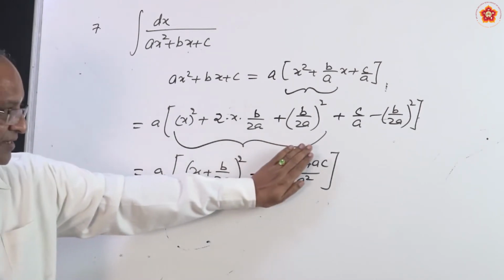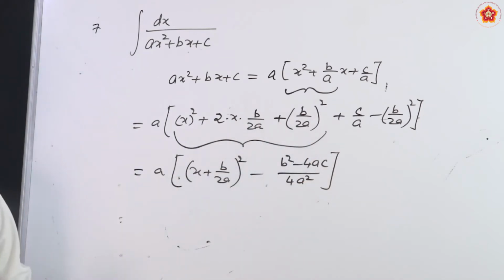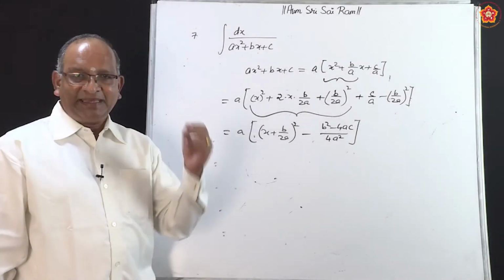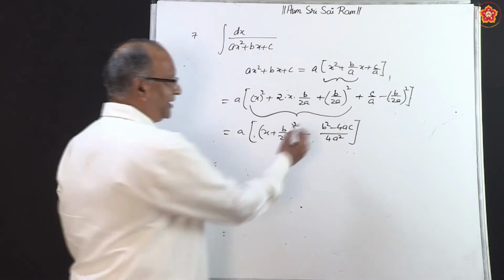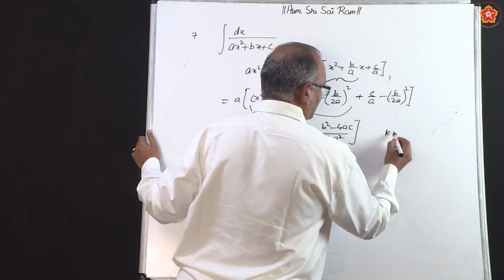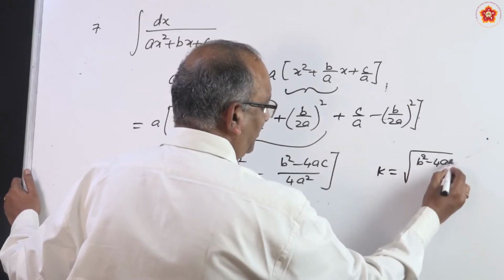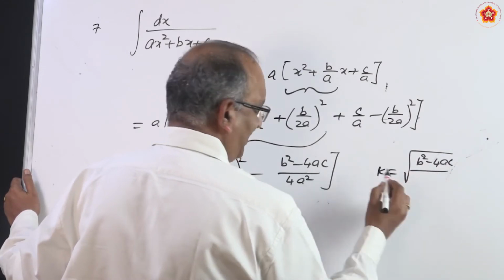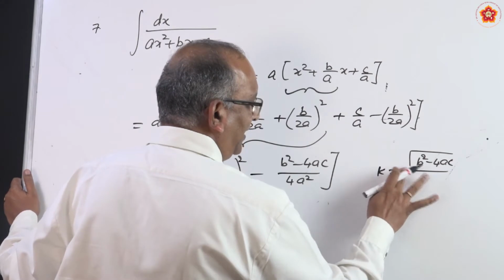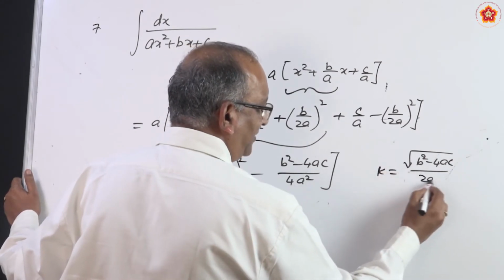This whole thing, whatever is there, can be written as k square. How do you write this as k square? We assume that k is equal to under root of b square minus 4ac by 4a square, or you can say under root of this by 2a.